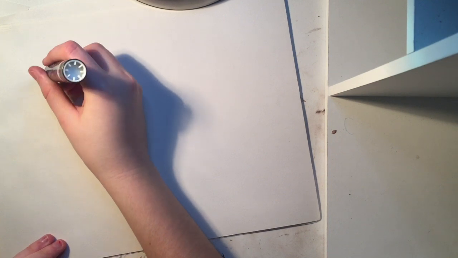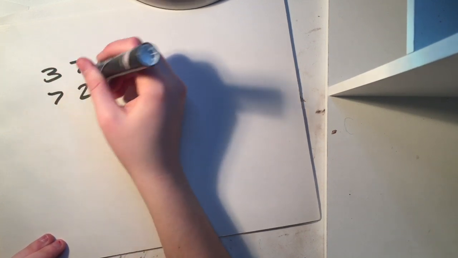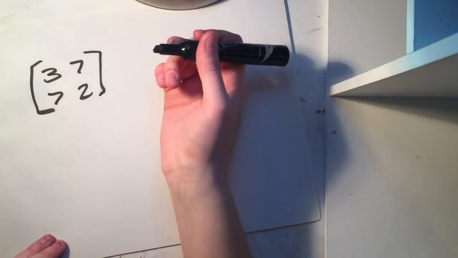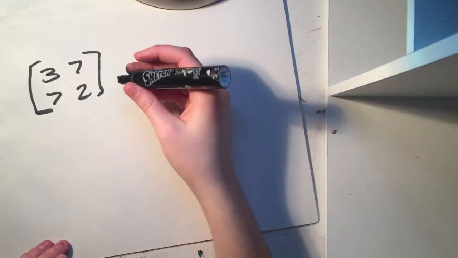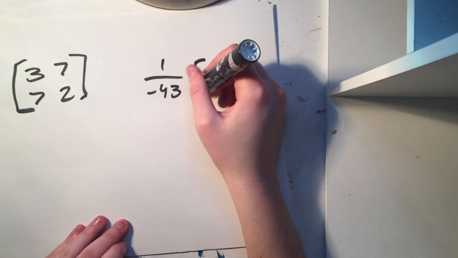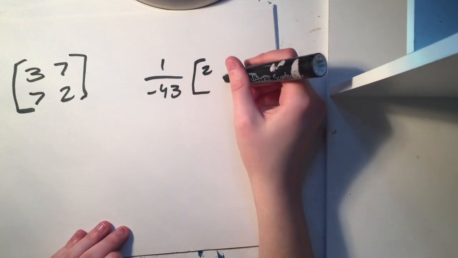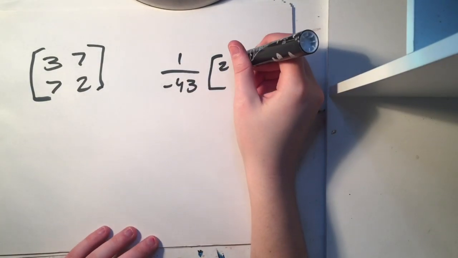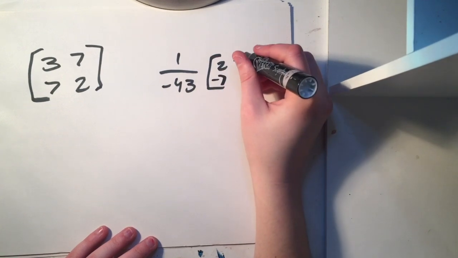Now let's just work out one more problem to make sure we know how to find the inverse. Let's try this one. So we already know that the determinant is negative 43. That goes over a 1. And then we have to do 2, 3, negative 7, negative 7.